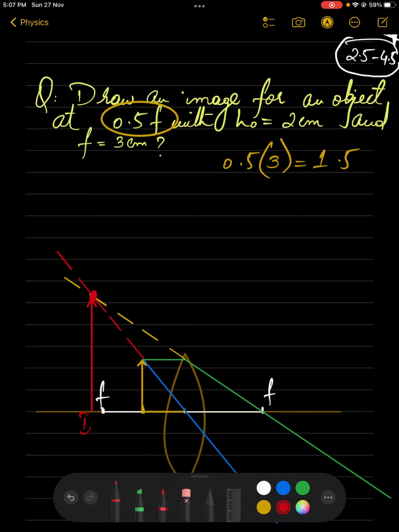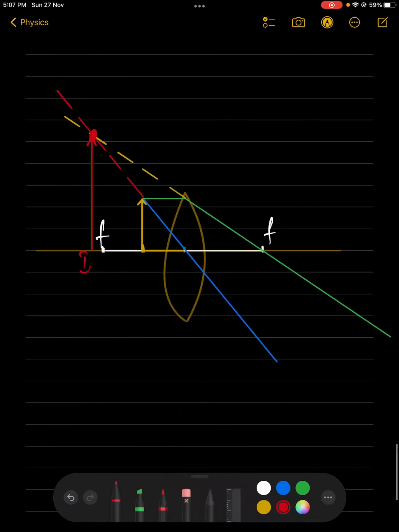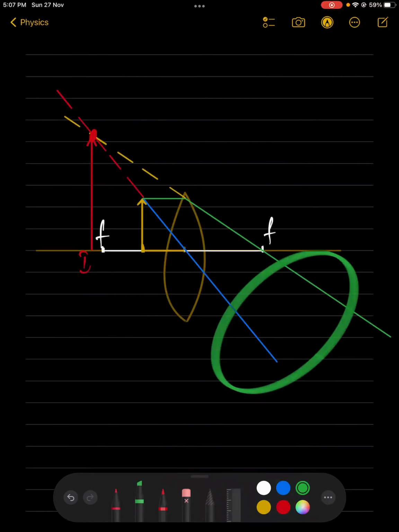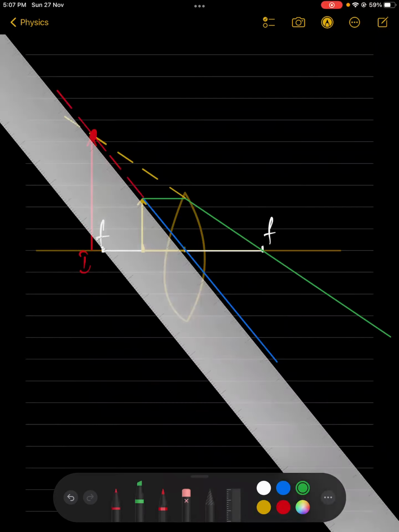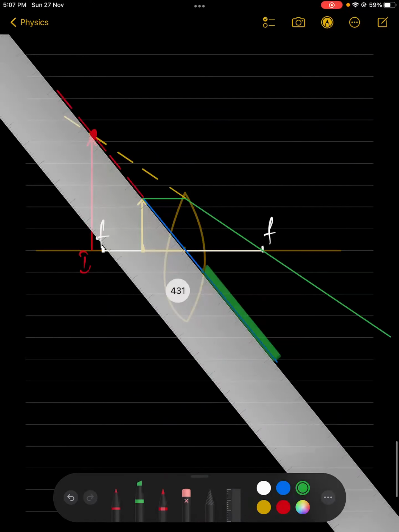I'll repeat this entire process. Initially you drew all of your light rays just like the way you used to do previously, लेकिन यहाँ पर light rays जो हैं वो आगे converge नहीं हो रही हैं. So we'll just carry them in the backward direction in a straight line. जैसे ये हमारे पास light ray backward direction में आ गई है.